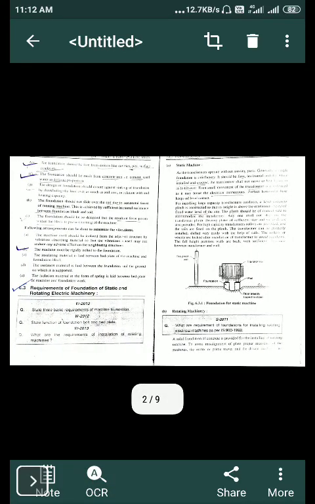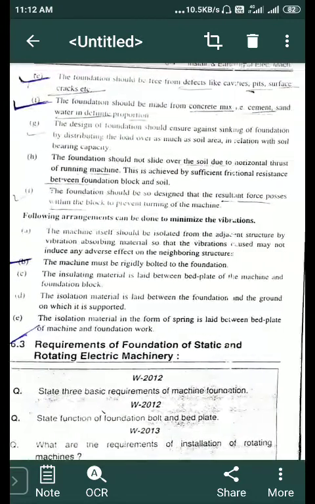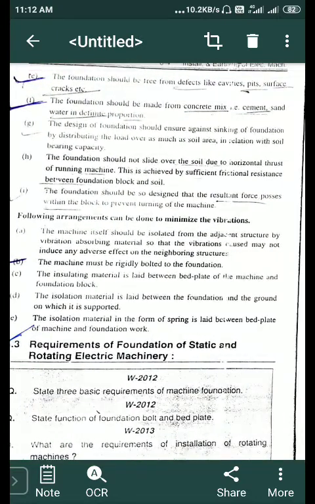Then the next point is the foundation should be free from defects like cavities, pits, and surface cracks. We have to consider this point also. If you have cracks, it may create problems for you in future, when the machines are in continuous operating conditions.